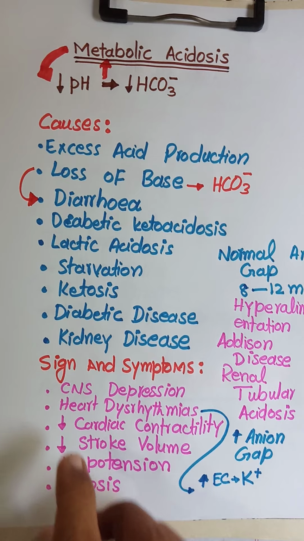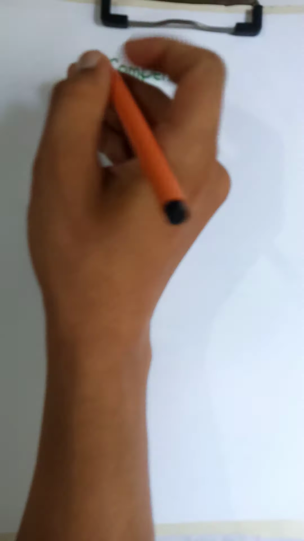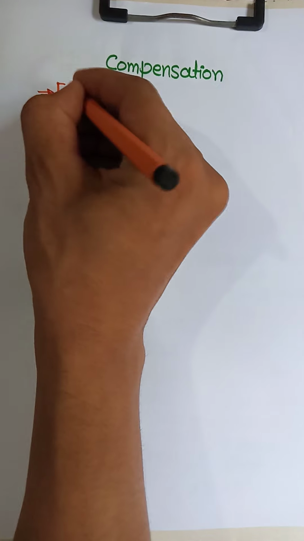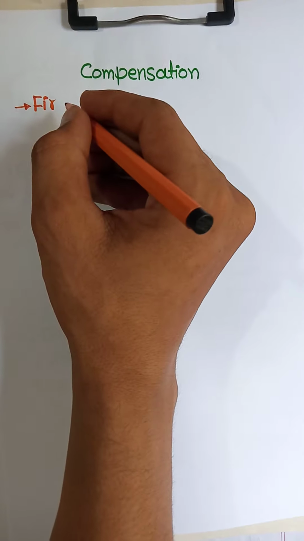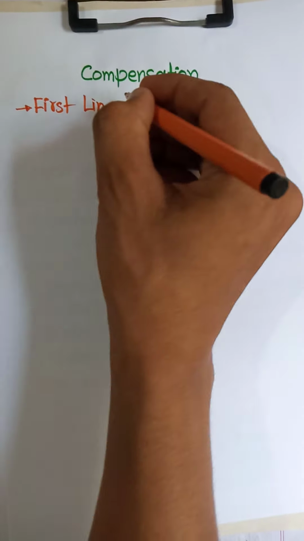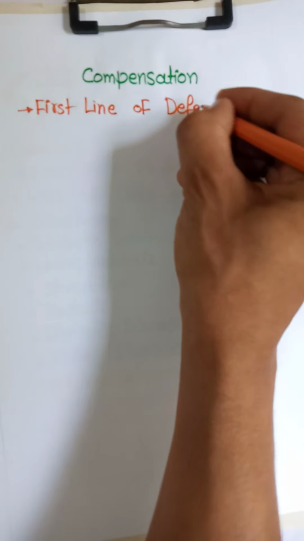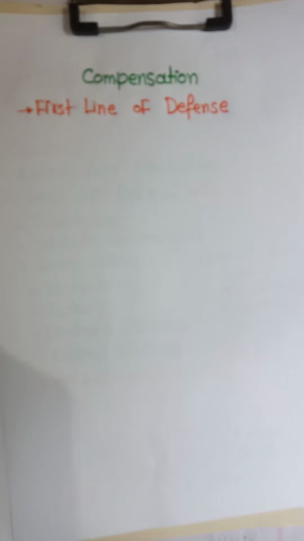Now come to the point of compensation. During compensation, in the first line of defense, the body will produce more base.